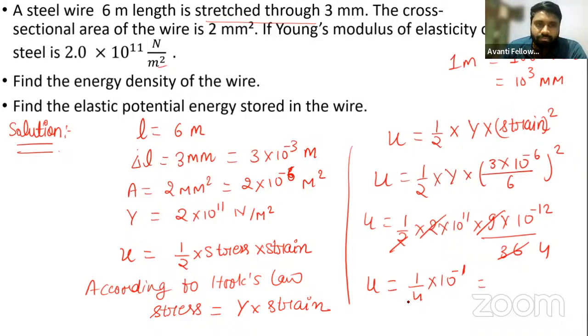So the value of energy density would become 0.25, because 1 upon 4 is 0.25, into 10 raised to the power minus 1, or what you can say, you can take it as 2.5 into 10 raised to the power minus 2 joule per meter cube. Got it? Anyone? Any kind of doubt?